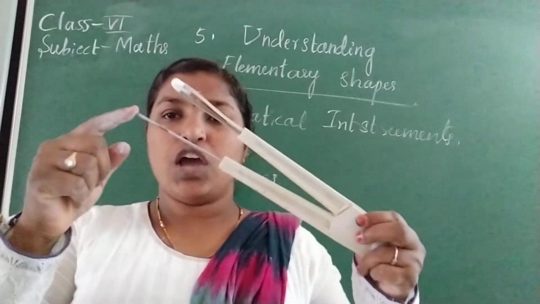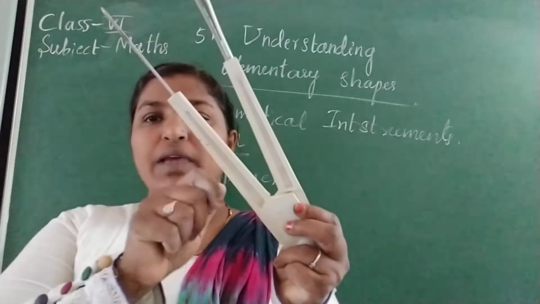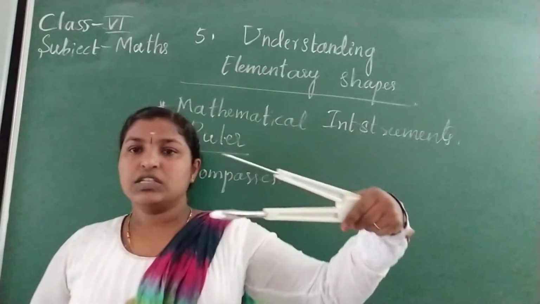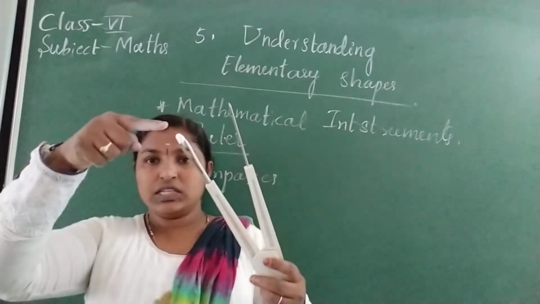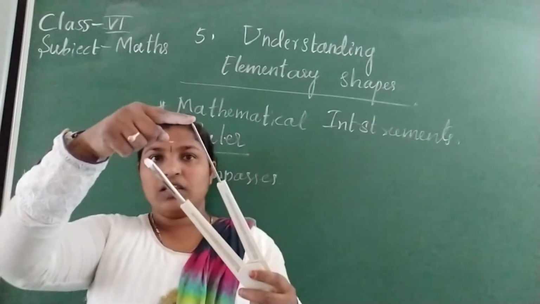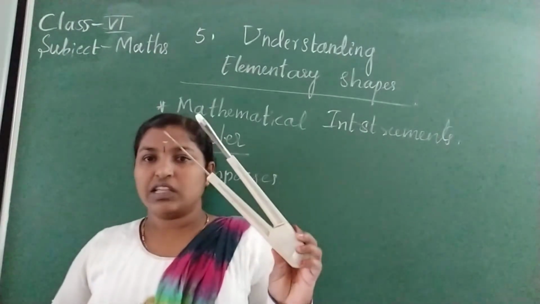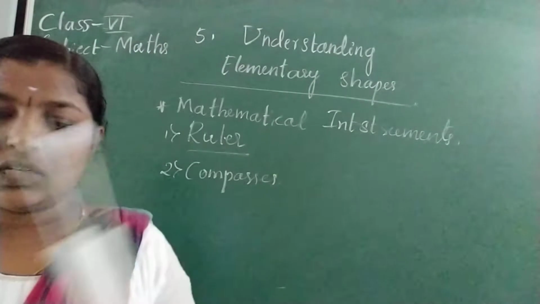One is sharp point and this is pencil point. You will be having some adjustments in here. You will have some compasses in your compass box. So there you will have one is pencil point, another one is sharp point. In this you will adjust the pencils. So this is called as compasses.